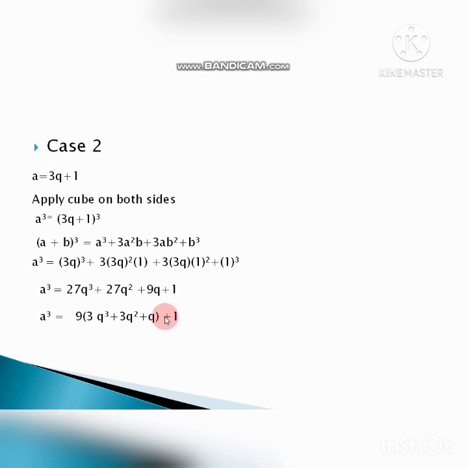The plus 1 is already there with us, so I kept it separately, and now I am going to get 9m. So I have taken 9 common from this, and I got in the bracket 3q cube plus 3q square plus q. I am going to consider the bracket thing as m. So when I take this as m, the cube of positive integer a is 9m plus 1. So the second case is also proved.